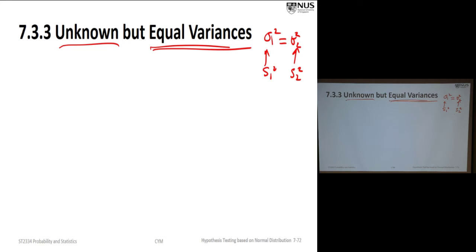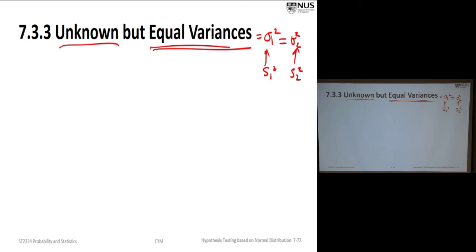One simple way is to take the average of the two, right? But this is not ideal. Why? Because how good an estimate is also depends on the sample size. If the sample is big, you have a better estimate. Therefore, we would like to take the weighted average, as we talked about in chapter 6.